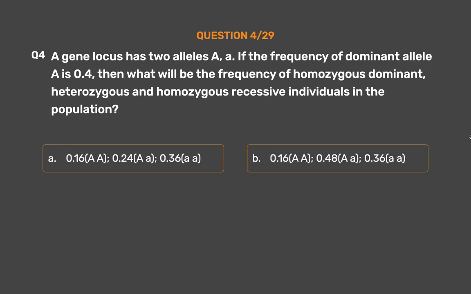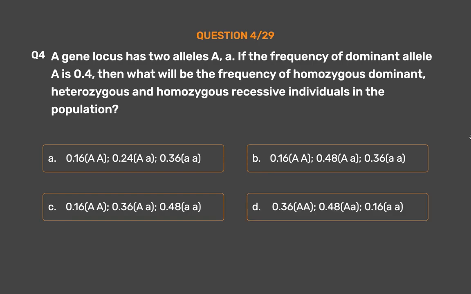Option B. 0.16 AA, 0.48 Aa, 0.36 aa. Option C. 0.16 AA, 0.36 Aa, 0.48 aa. Option D. 0.36 AA, 0.48 Aa, 0.16 aa.